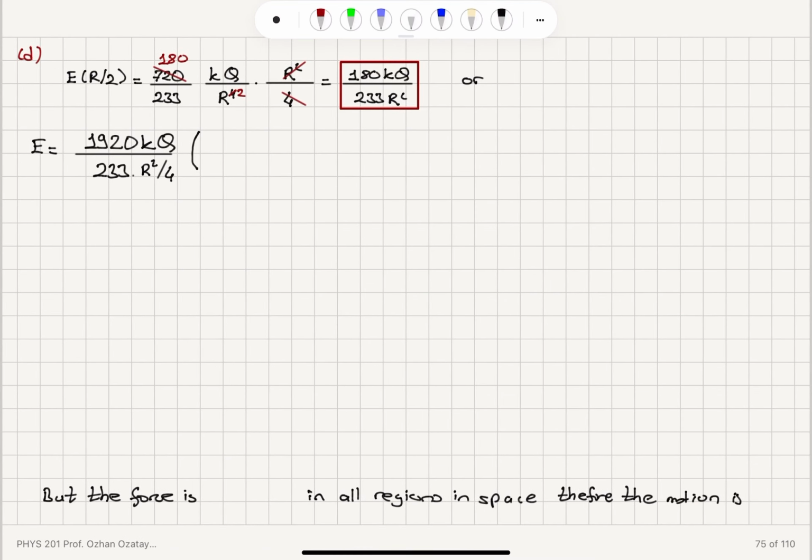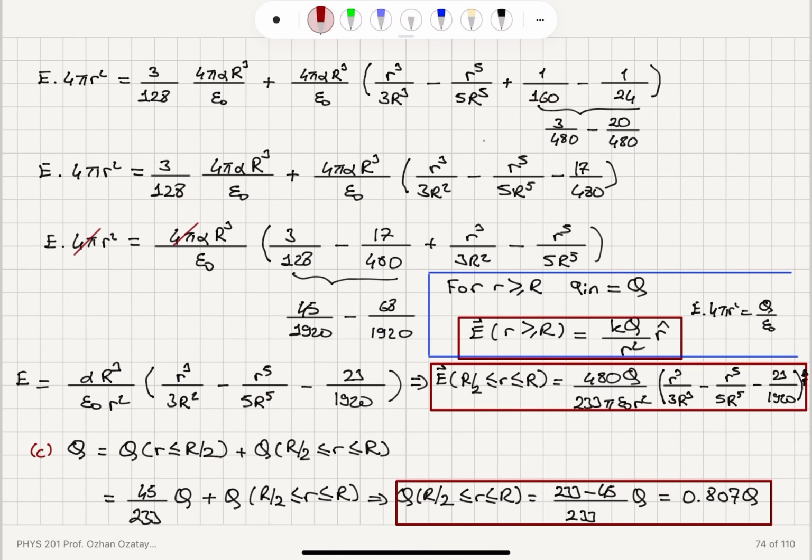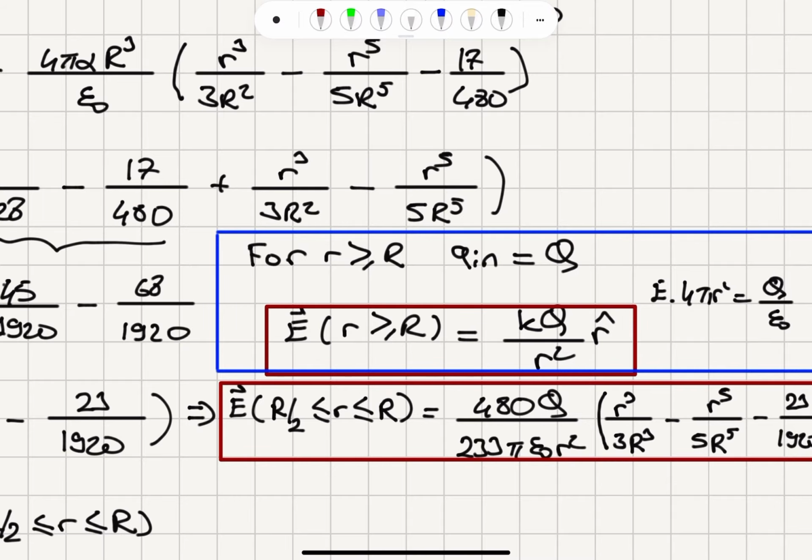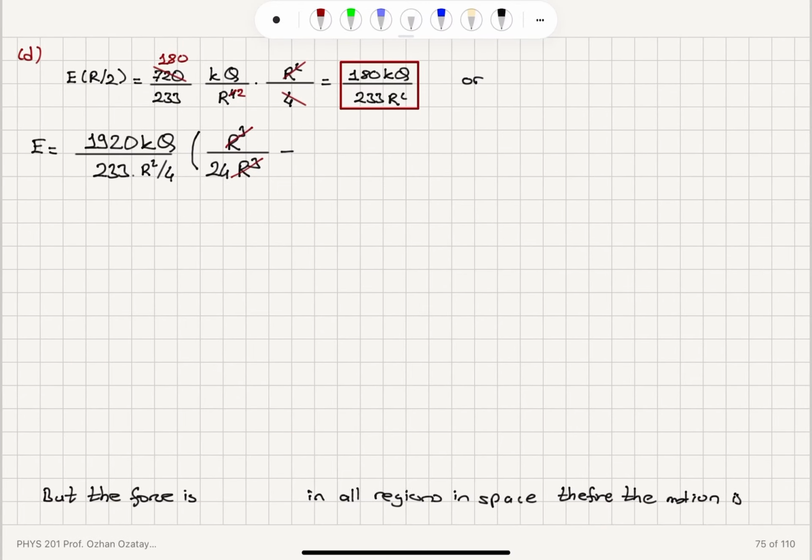So the first term is capital R cubed divided by 24 capital R cubed, minus, and these capital R cubes will cancel. The second term here is R to the 5 divided by 5 capital R to the 5.